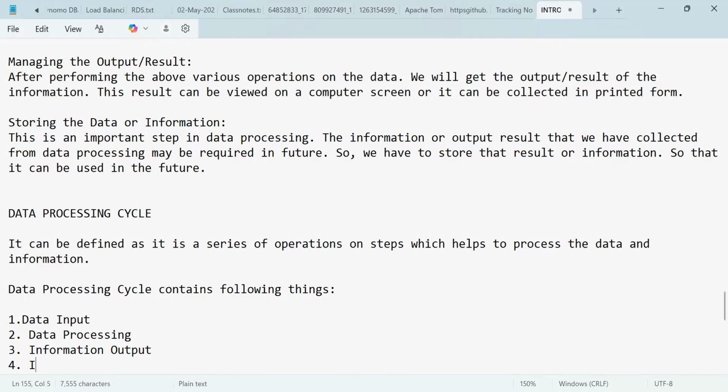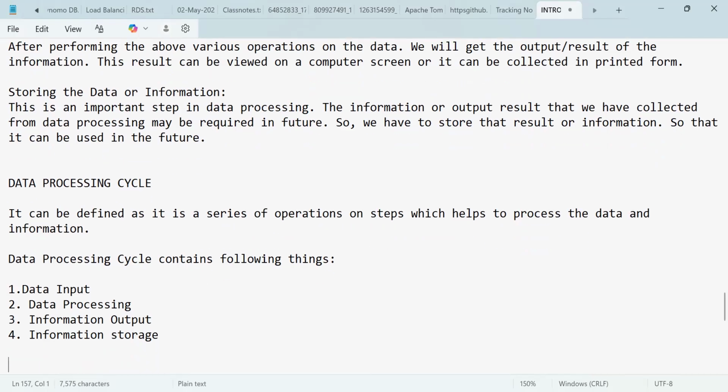And the fourth point is information storage. These are the four points. This is the data processing cycle. These are the four steps of the data processing cycle.